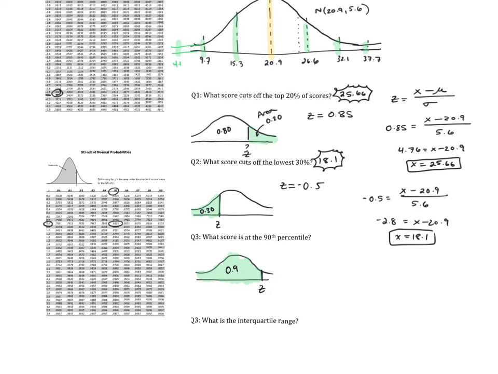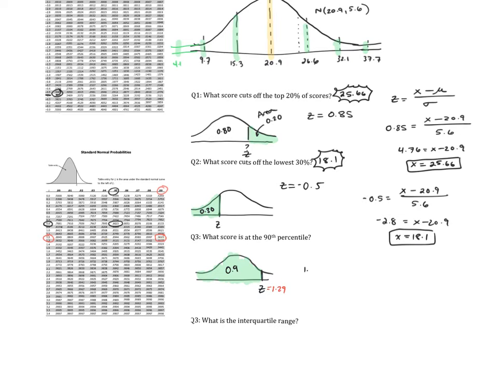I can look at my table for 0.9. Hunt for that. Here's 0.9. Here we go. 0.9015. That's as close as we're going to get. So that's 1.29. So this z-score is 1.29. 90% of the values will be less than a z-score of 1.29.